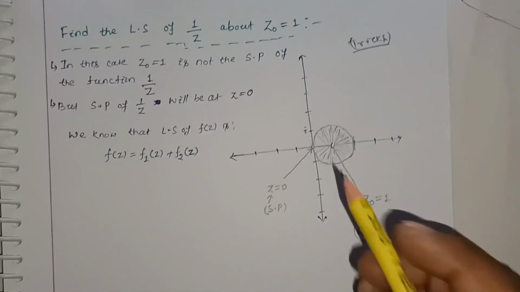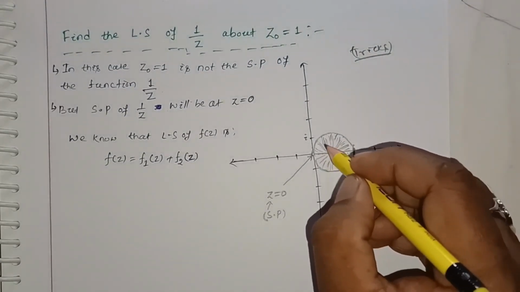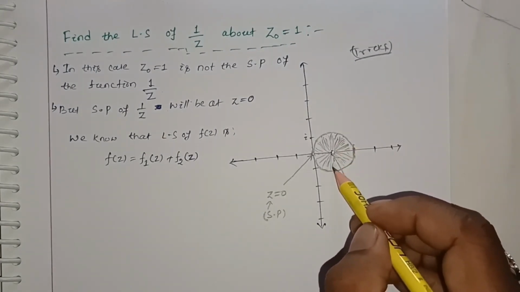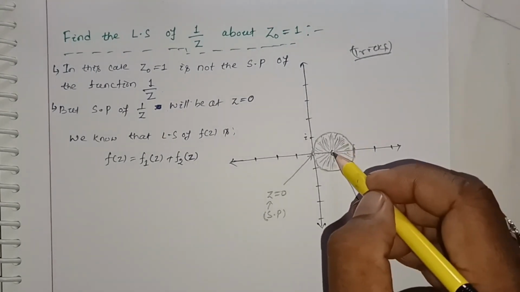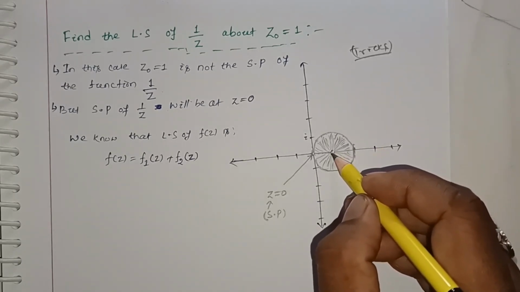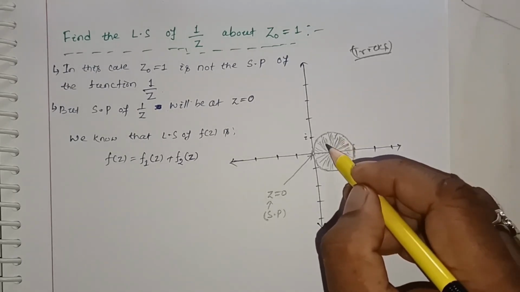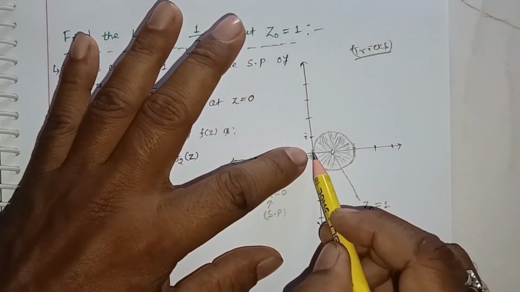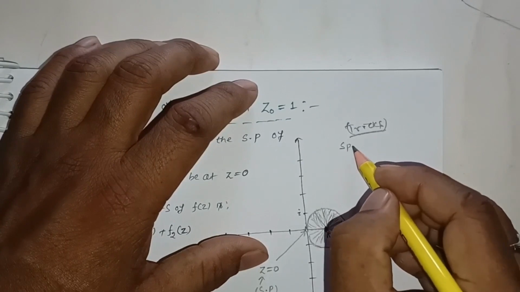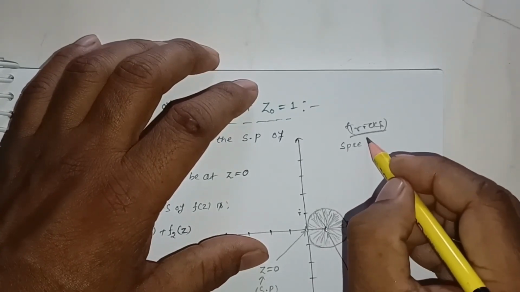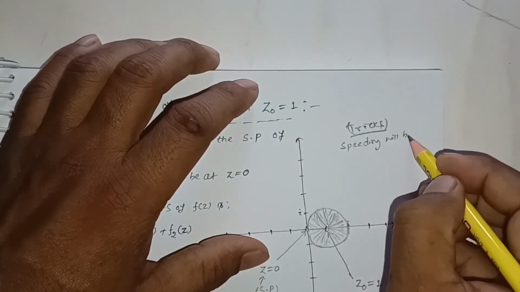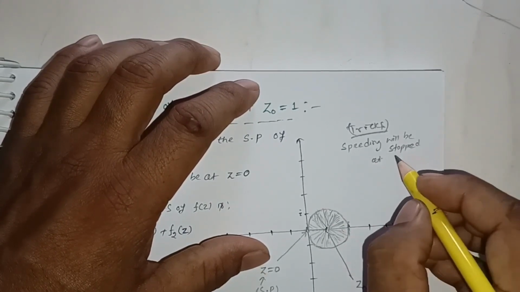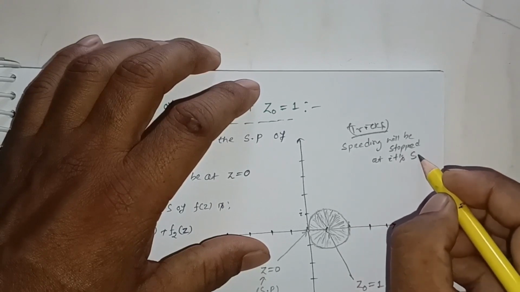But here this point is not a singular point of this function. So about this point, whenever we are trying to find the Laurent series, you just consider that from here the function is spreading all the way, but the spreading will be stopped at its singular point.